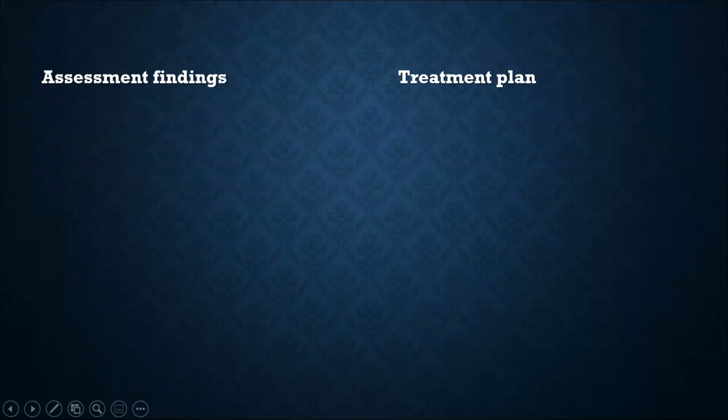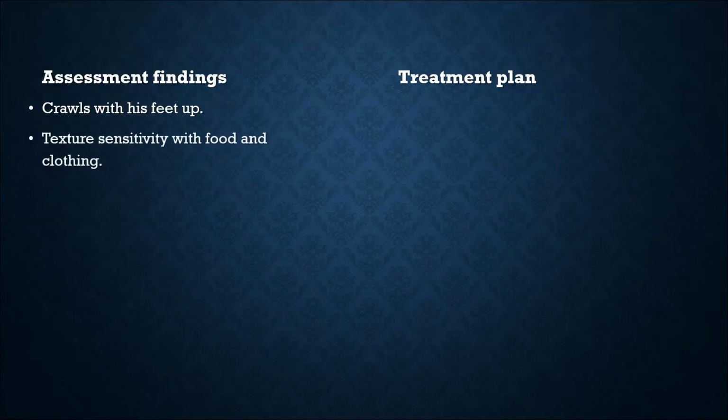Assessment findings: he crawls with his feet up off the surface. He has texture sensitivity with clothing. He has vestibular insecurity, which is identified by walking along, even though he can walk, with just one finger touching something.